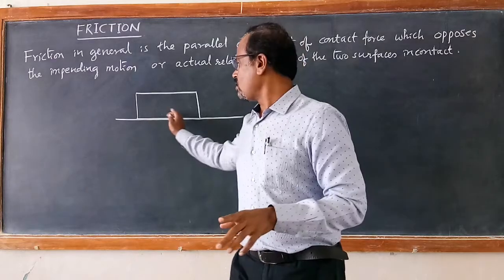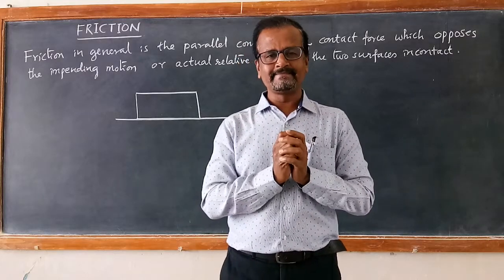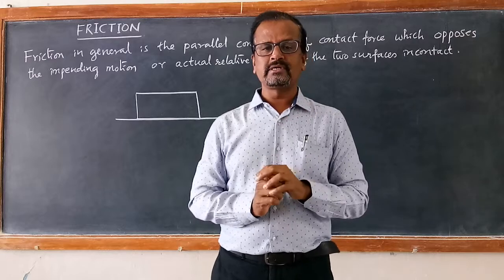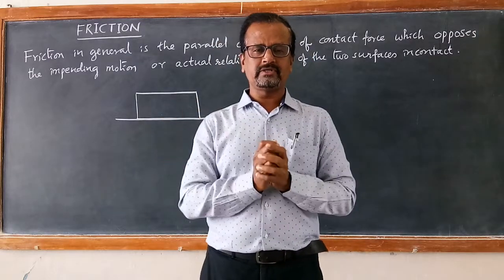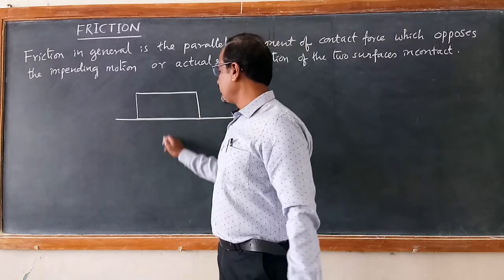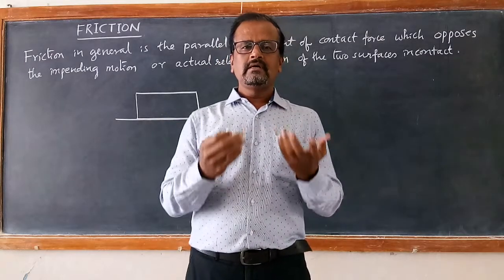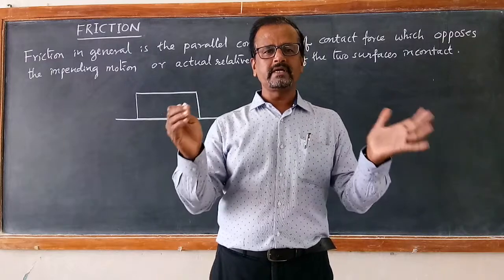What makes this box be at rest with respect to the moving train? Definitely there must be some force acting on this box to keep it at rest. One is the weight of the box, acting vertically downwards, which is exactly balanced by the normal reaction even when the train is at rest.